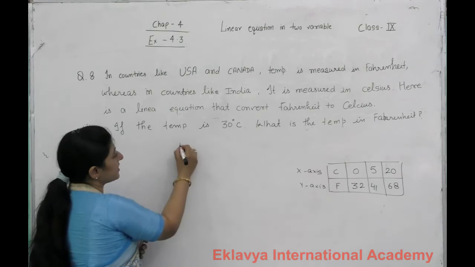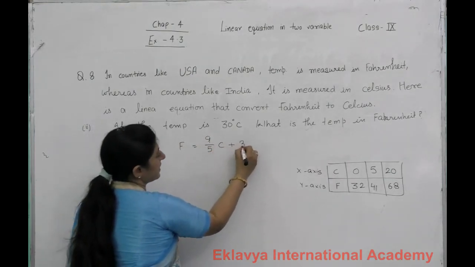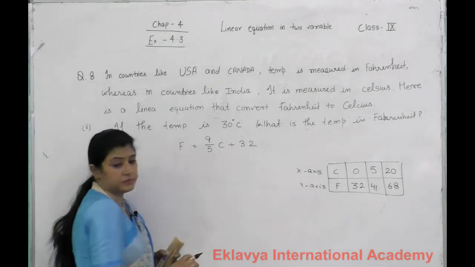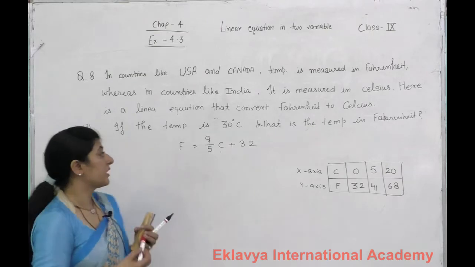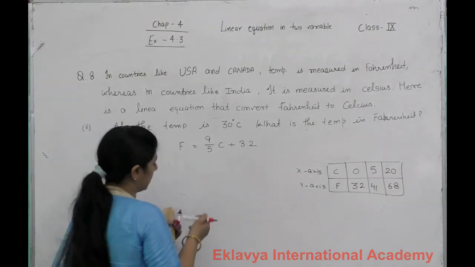We know the equation, F is equal to 9 by 5 C plus 32. What do we have to put here? What is the value of C? C value is 30 degrees centigrade.